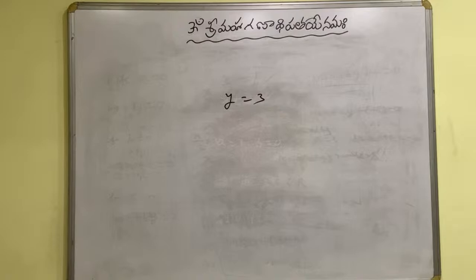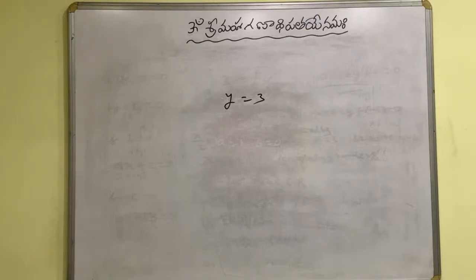0x plus 1y plus 3, Sahasra? Is it plus 3? 0x plus 1y plus 3 minus 3. Pavitra wrong.